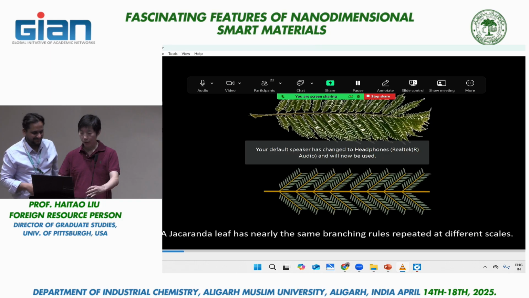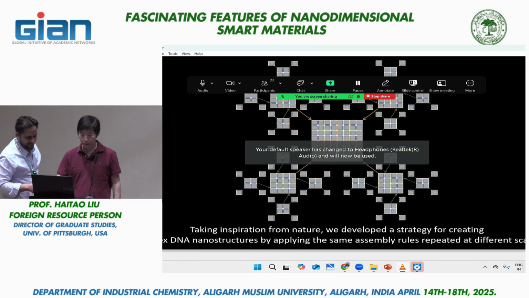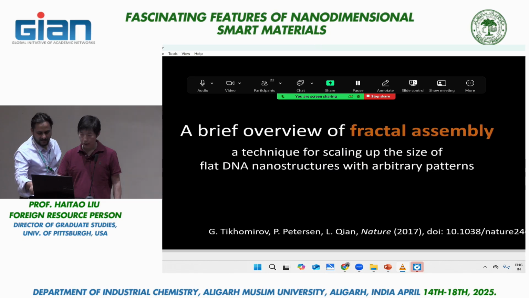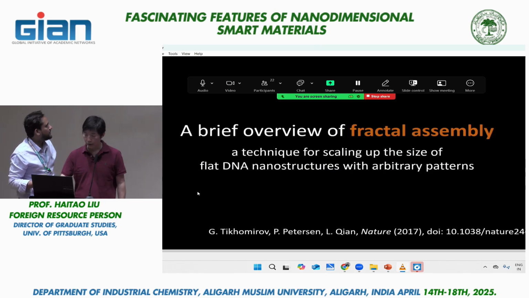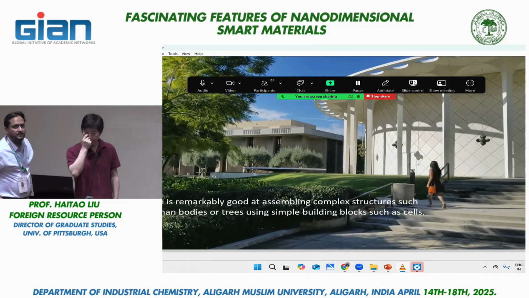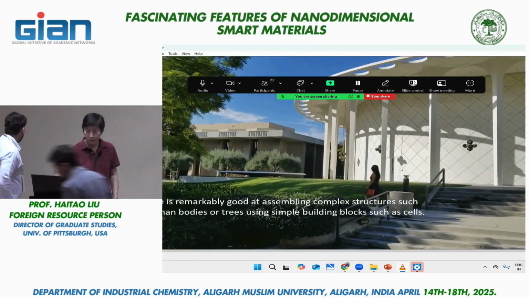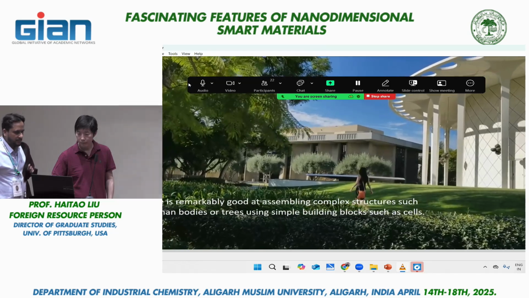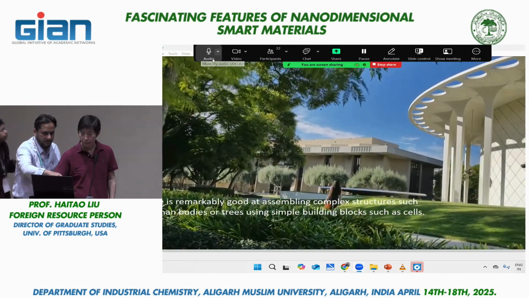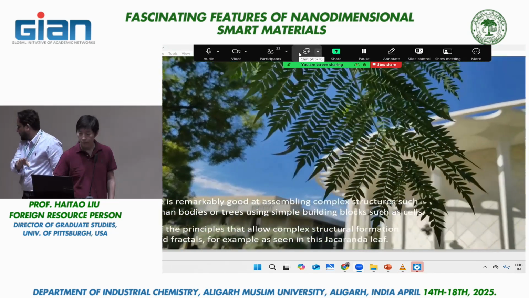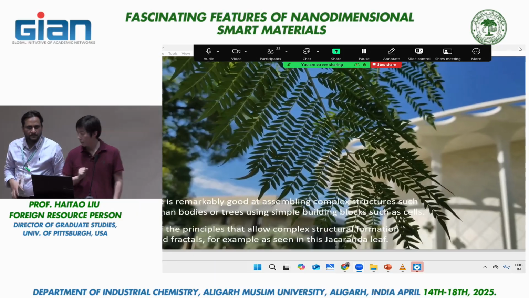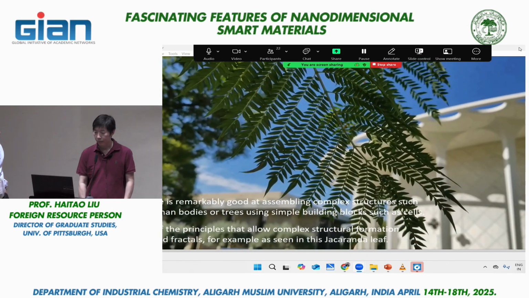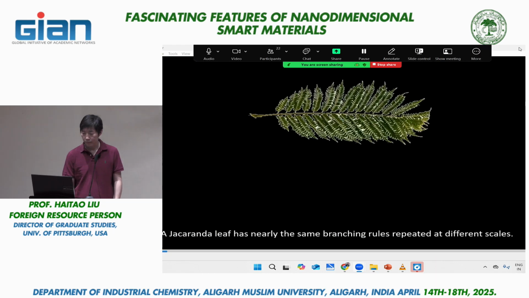Nature is remarkably good at assembling complex structures such as human bodies or trees using simple building blocks such as cells. One of the principles that allow complex structural formation is called fractals, for example, as seen in this jacaranda leaf.